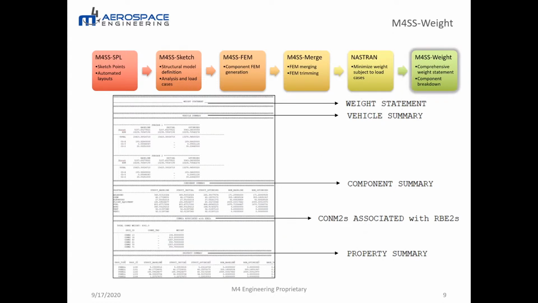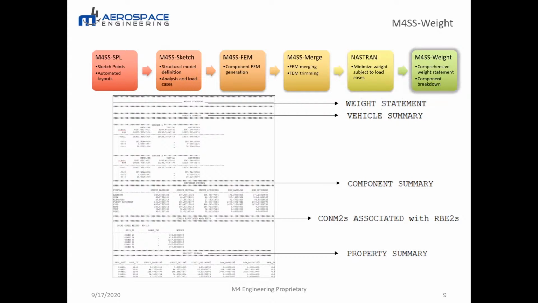Once your Nastran job is finished, you can run a post-process step, which is called weight, which allows you to generate a comprehensive weight statement. Essentially, this is a customized weight statement that we've created that breaks down not only all the individual component mass property information, but also the vehicle as well as other items that are interesting to report, such as CONM2s associated with attachments and things like that.